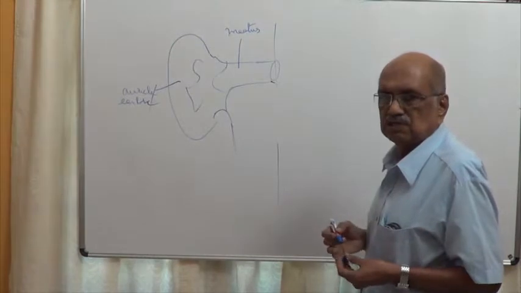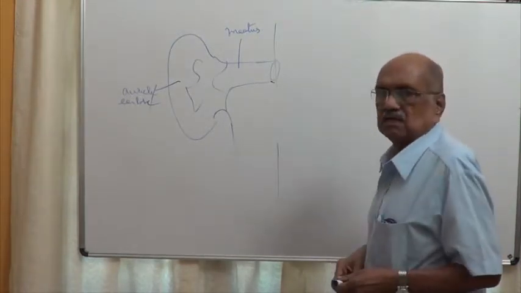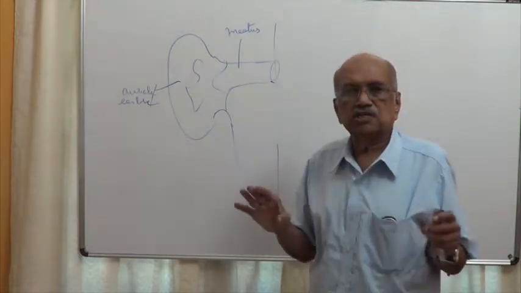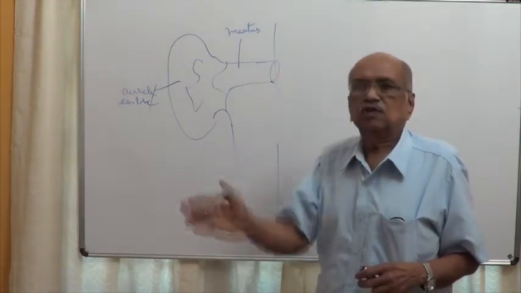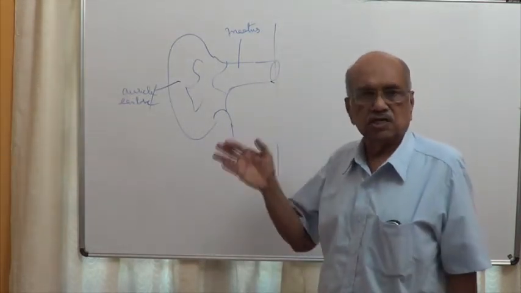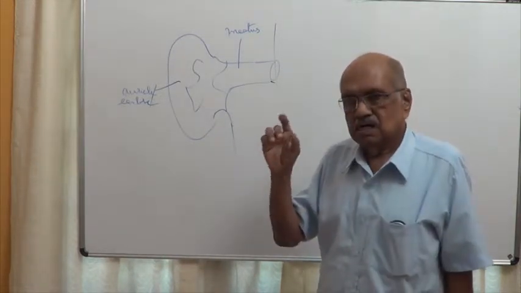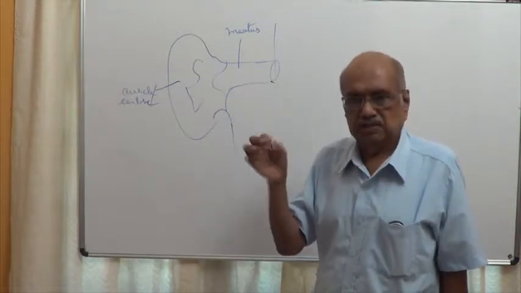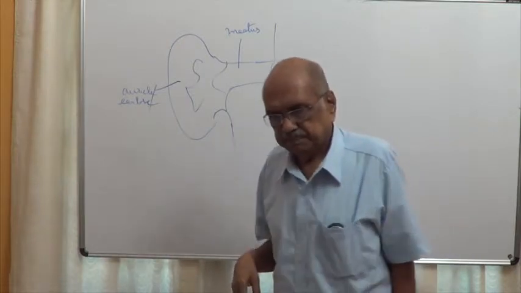End of the meatus is marked by a tympanum. Tympanum is eardrum, a tightly stretched membrane, very thin membrane, across the external auditory meatus, which can receive vibrations, airborne vibrations.